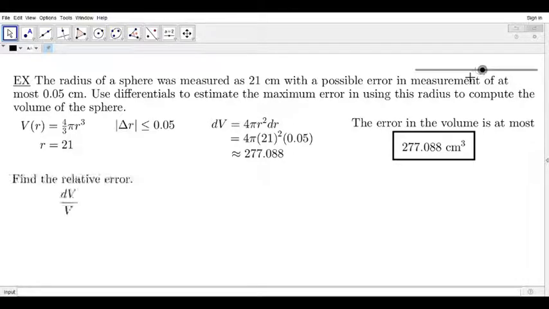Follow-up task. Find the relative error. By definition, this is the magnitude of the largest possible error compared to the computed volume if r was actually 21. So what you could do is use 277.088 as the numerator, and the denominator V will be 4/3 pi r cubed, where r is replaced by 21.